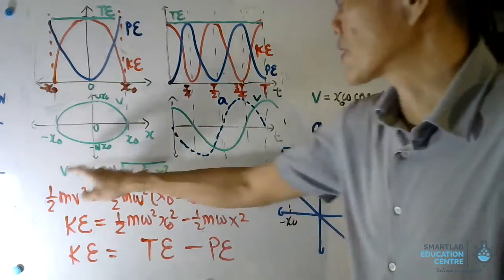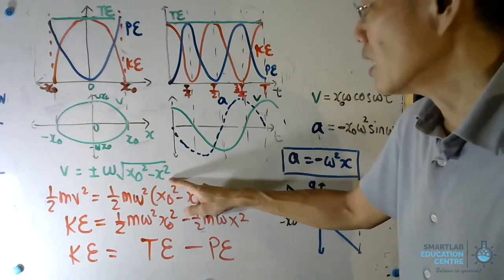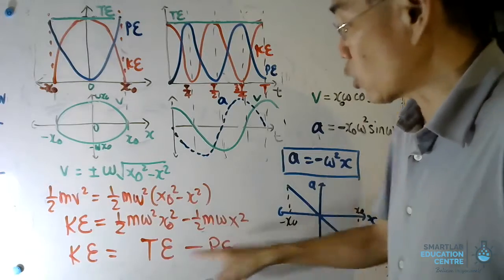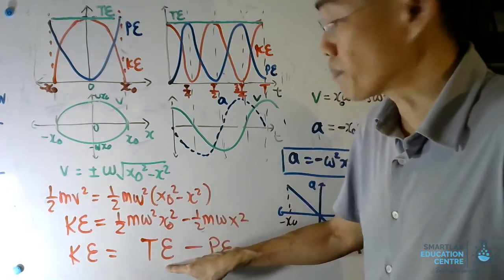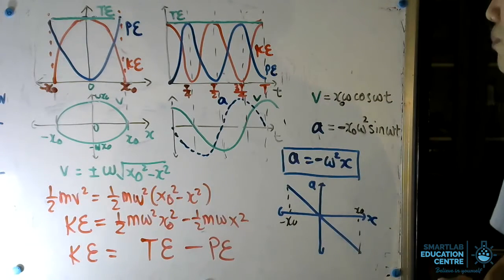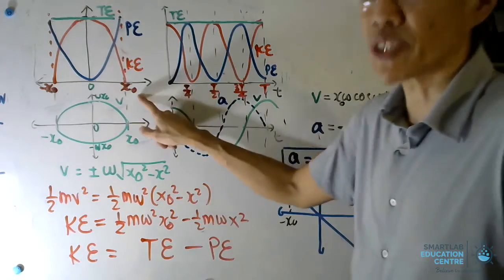By knowing the formula of the velocity expressed in terms of displacement for an object undergoing simple harmonic motion, we are able to derive the KE expression as drawn here. We are also able to determine the total energy as well as the potential energy of the object undergoing simple harmonic motion. So from here, we're able to determine how energy varies with displacement.